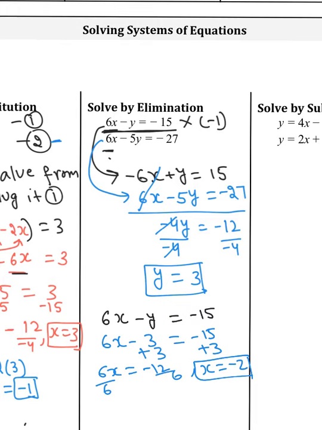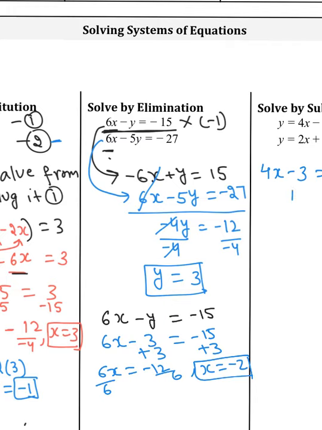Next one is a substitution equation where y equals 4x minus 3 and y equals 2x plus 7. You can make them equal to each other because y equals y. 4x minus 3 equals 2x plus 7. Now you have to have the variable on one side and the numbers on the other side.